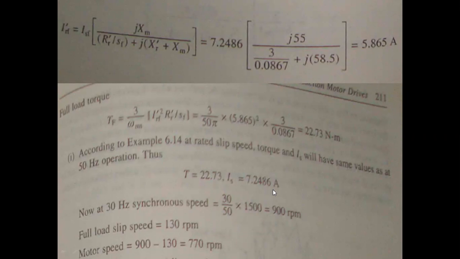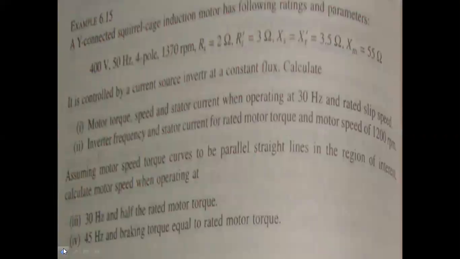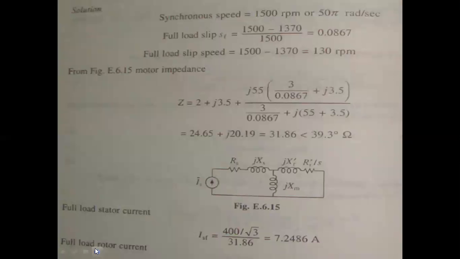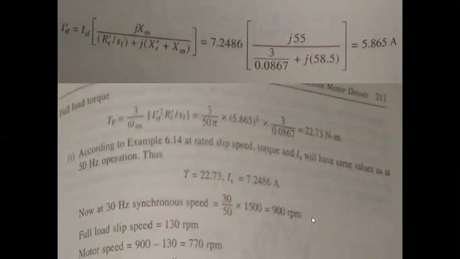Now for the first problem at 30 Hz, at rated slip only, the motor torque and stator current are the same. Now we have to calculate only the speed at 30 Hz.